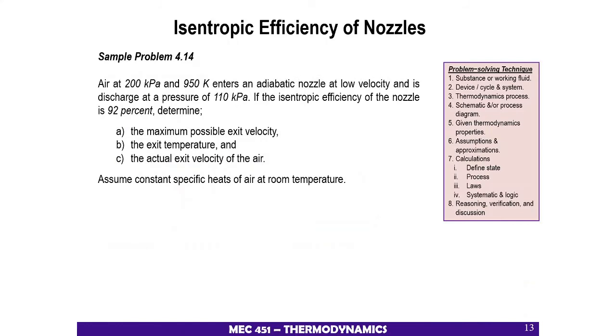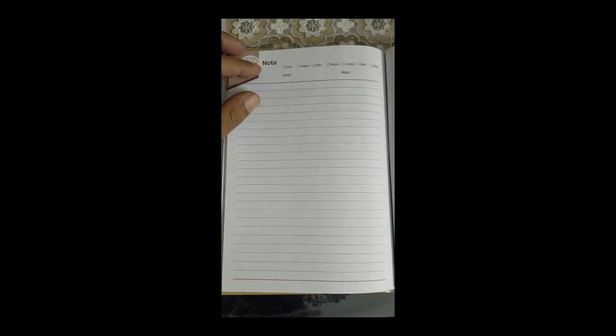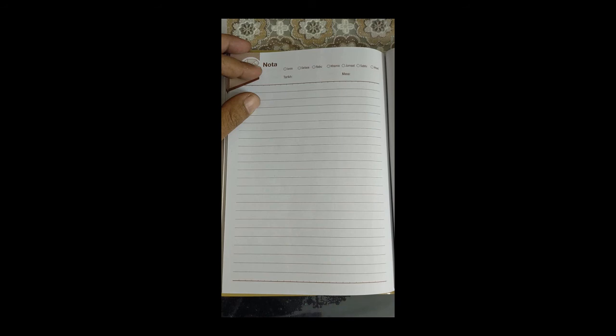Sample problem 4.14. Air at 200 kPa and 950 Kelvin enters an adiabatic nozzle at low velocity and is discharged at a pressure of 110 kPa.